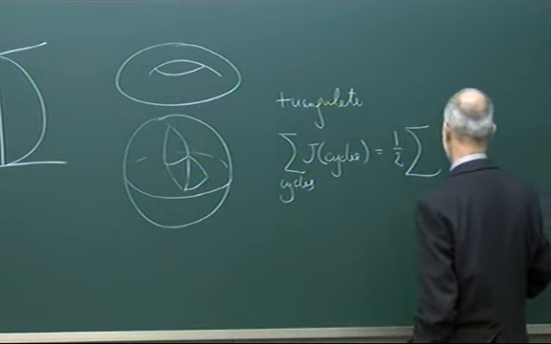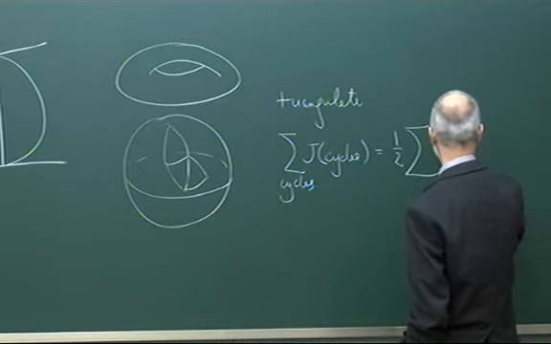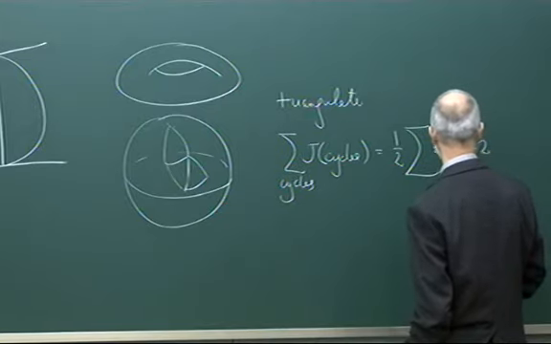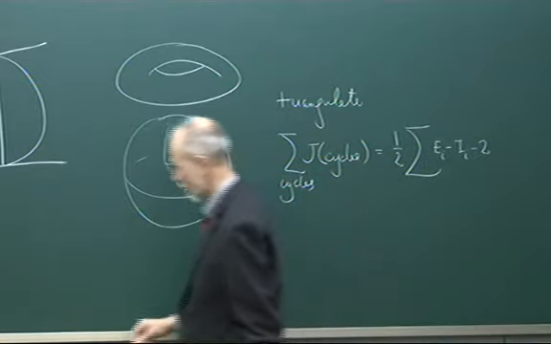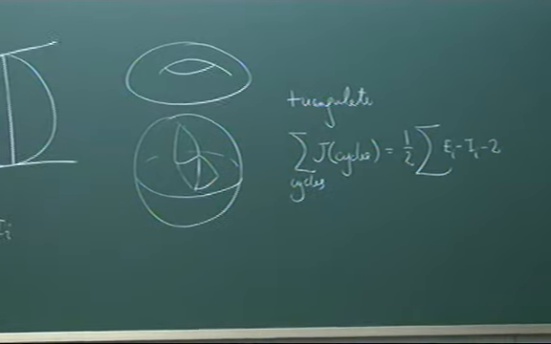So this will be half of the exterior minus the interior minus 2. So let me count the sum of the exterior minus the interior first. Here's what I claim.